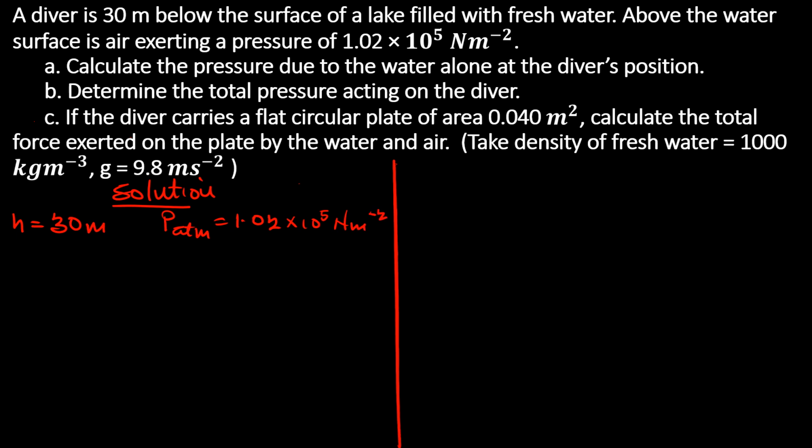And also the density of the fresh water was given to be 1000 kilogram per meter cube. And gravity, which is G, was given to be 9.8 meters per second squared.